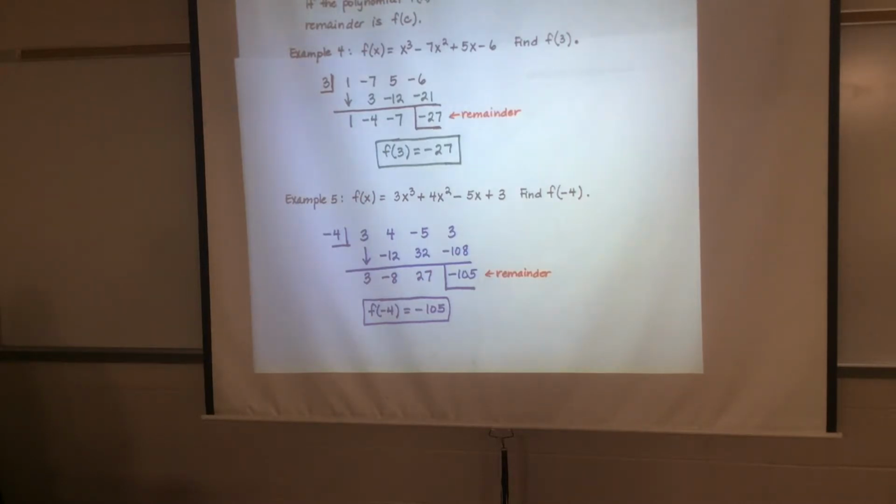So that's how we apply the remainder theorem and synthetic division to come up with the value of any function at any given x value. All right, the last thing out of this particular section will be the factor theorem.